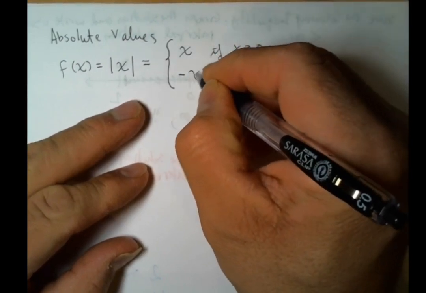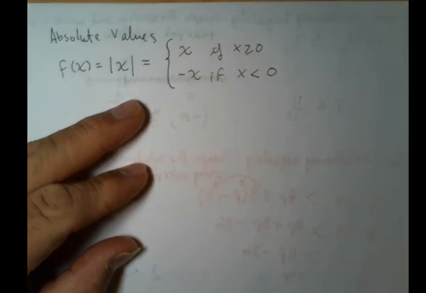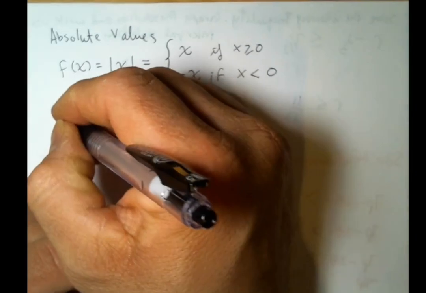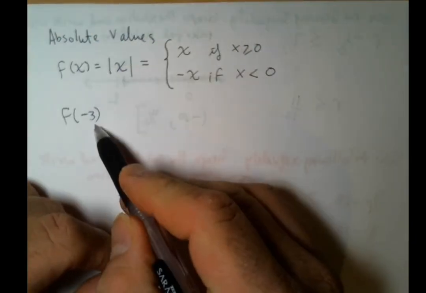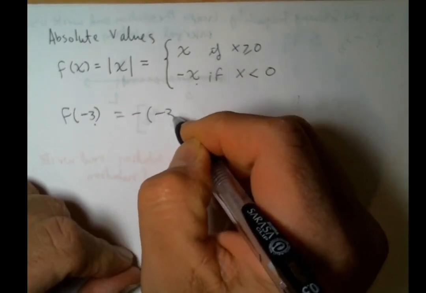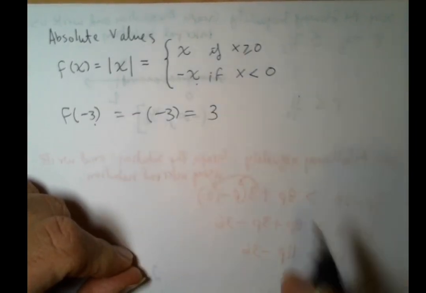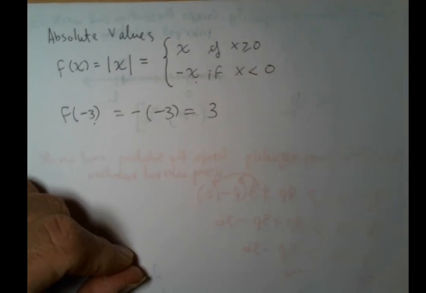And then negative x if x is strictly less than 0. So in terms of evaluating, let's say negative 3, this is very much less than 0, so it would be negative x, and there would be 3. So again, always the positive value.